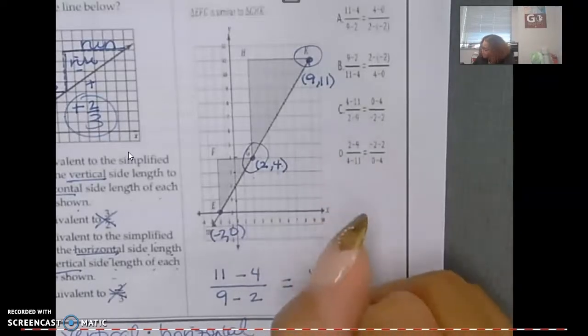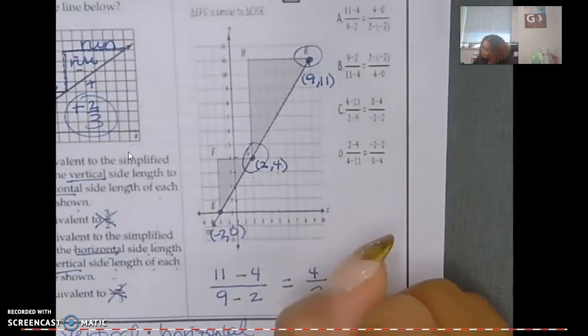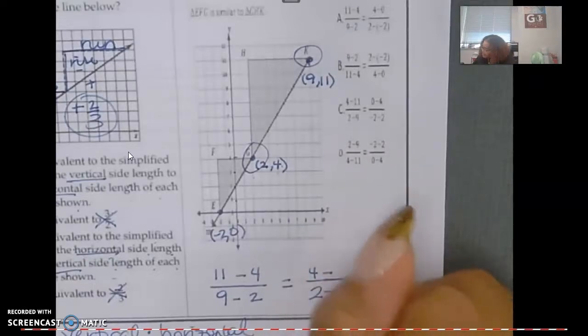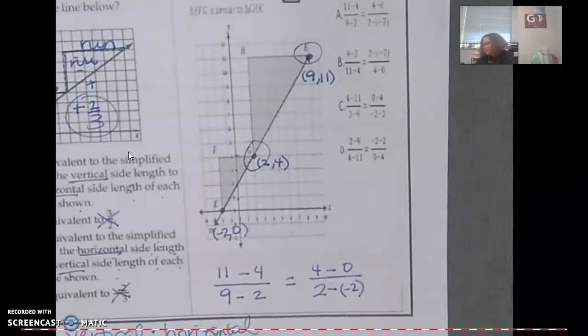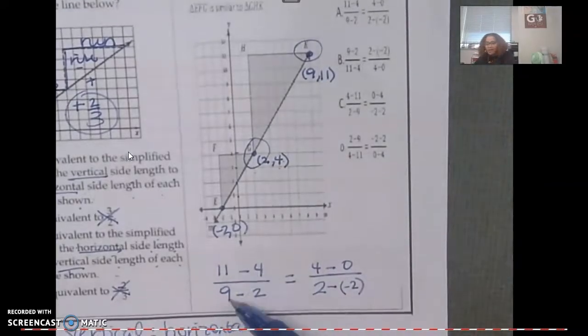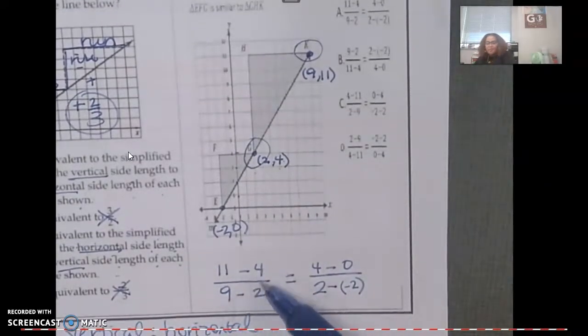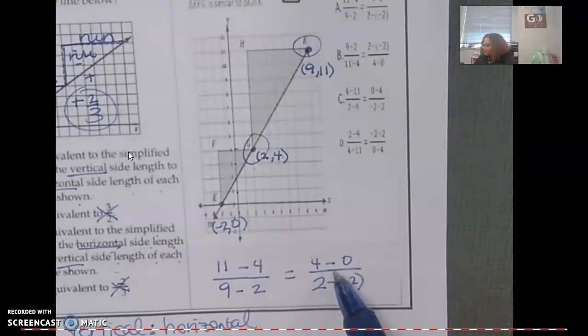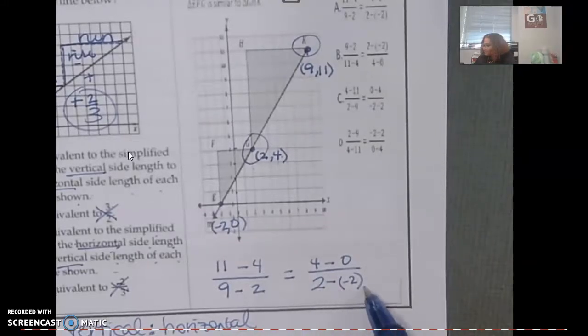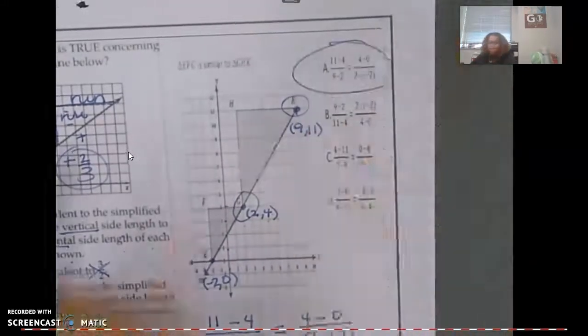So then that would be 4/2 minus 0/-2. So I need to find a situation that matches 11/9 minus 4/2. This is one ratio, so this is technically 11 minus 4 divided by 9 minus 2 is equivalent to 4 minus 0 divided by 2 minus -2. And that answer is A.